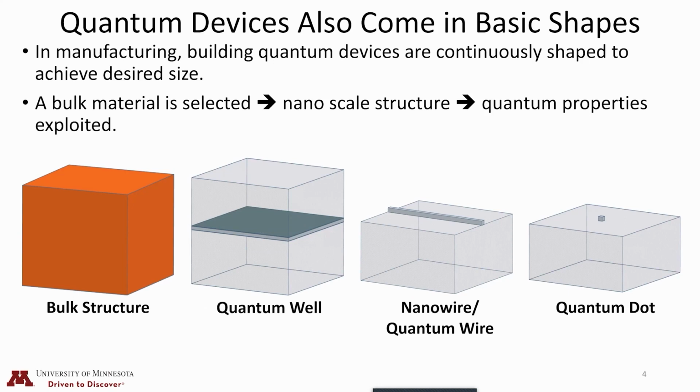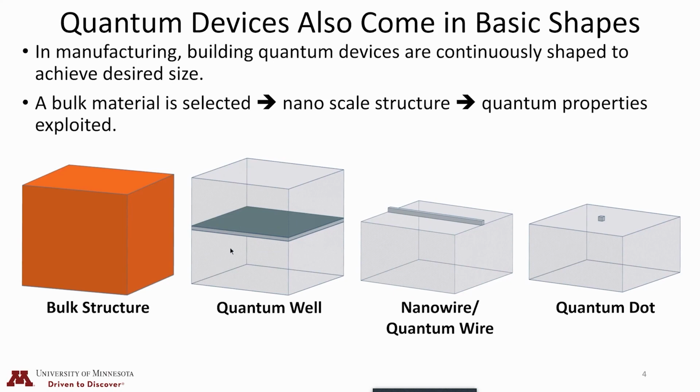But those are isotropic. You can't really get sharp defined features like this with chemical etching. You kind of have to use a reactive ion etching system or an ion beam etching. We'll talk about those in a future lecture.